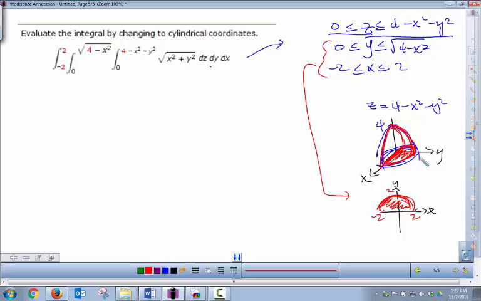It's just one side of this paraboloid, right? It's the side of the paraboloid that's on the positive y-axis. All right, so now that we have a general idea of the shape, let's see if we can translate that into cylindrical coordinates.